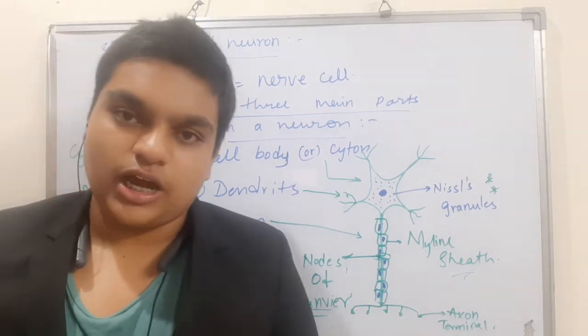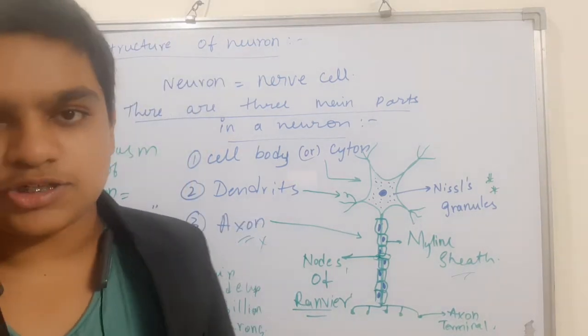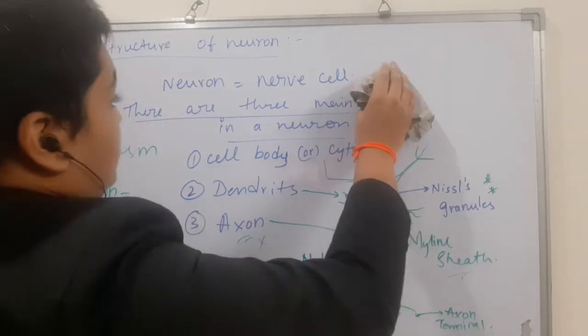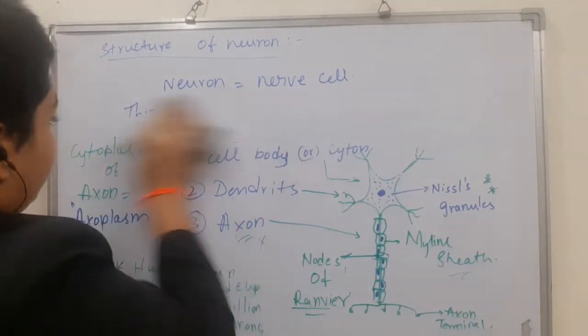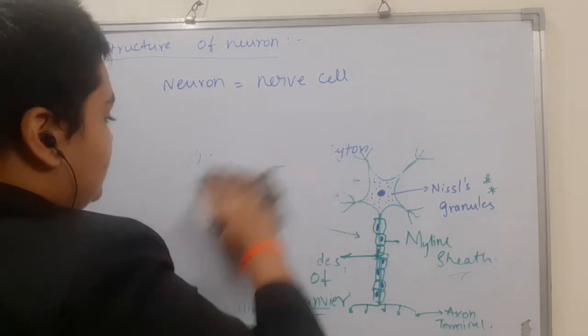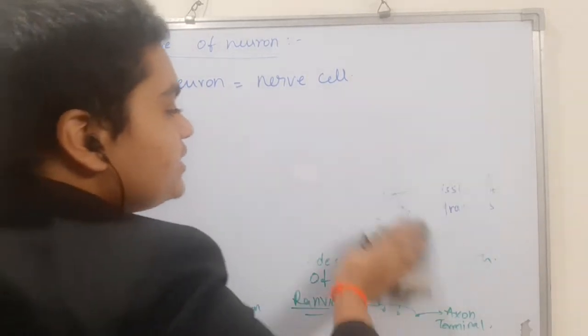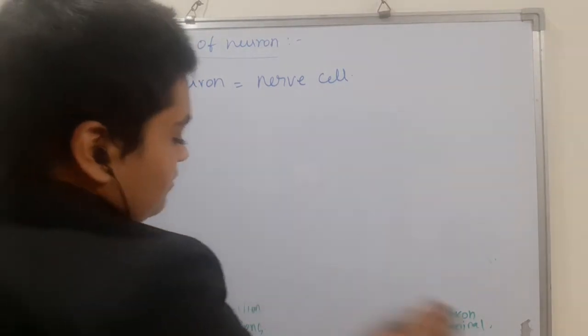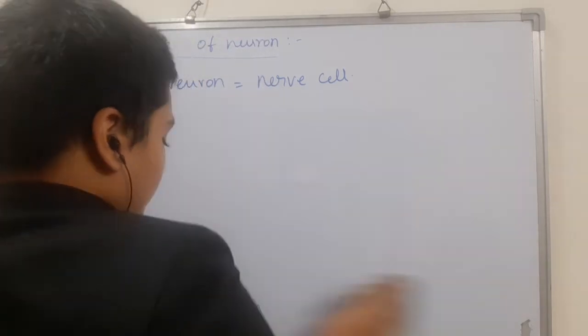I will be repeating this terminology in the next session too. Now I am removing it. So hope you got the three main parts: cell body, dendrites and axon, but there are collateral parts which we have to remember in general to attend the NEET exam.